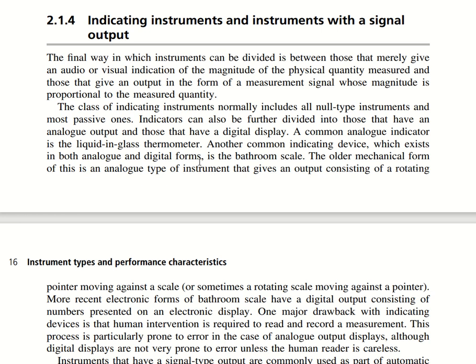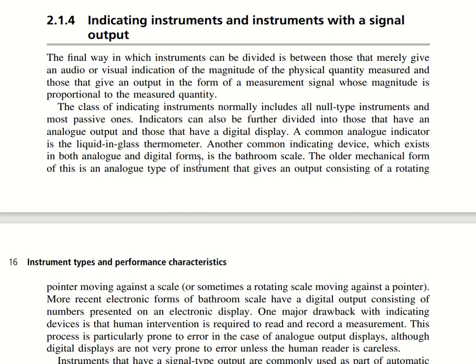The indicator can also be further divided into those that have an analog output and those that have a digital display. A common analog indicator is a liquid in glass thermometer. Another common indicating device, which exists in both analog and digital forms, is the bathroom scale.